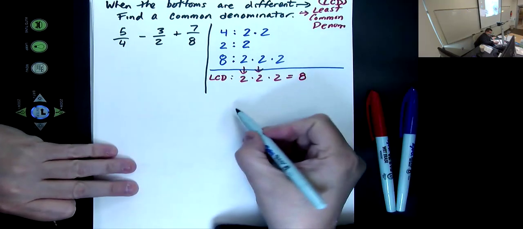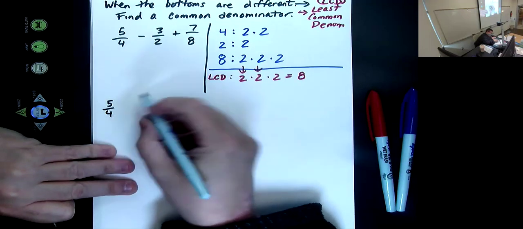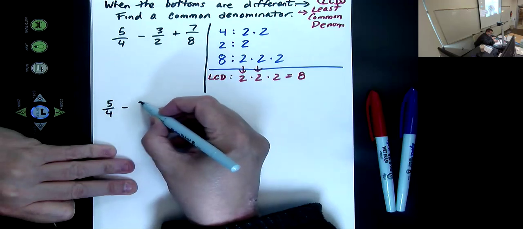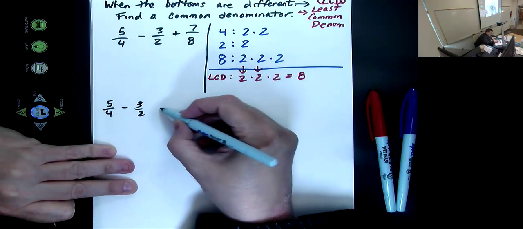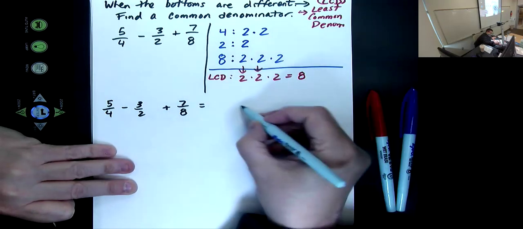Okay, so I know I'm going to do a lot to that 5 over 4. And then I'm going to have minus 3 over 2 plus 7 over 8. When all is said and done, I'm going to have an 8 on bottom.